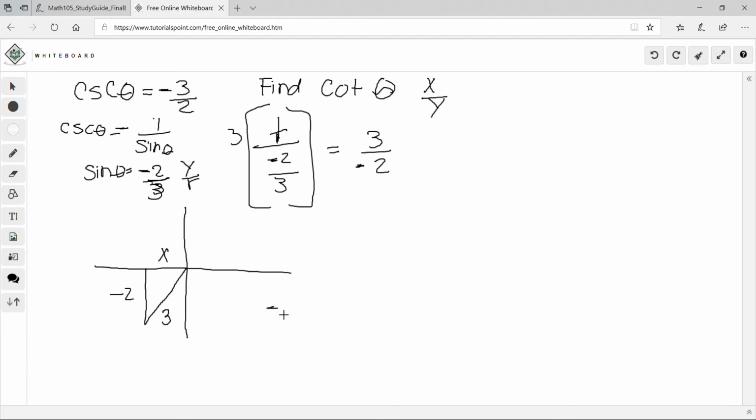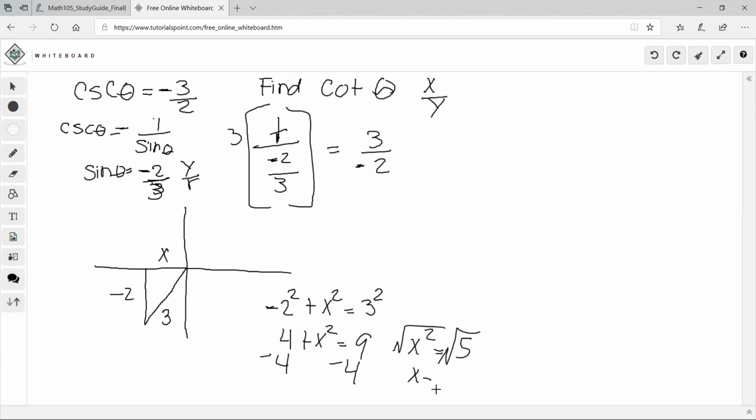So it's -2 squared plus x squared equals 3 squared. So this is 4 plus x squared equals 9. Subtract 4, so x squared equals 9 minus 4, which is 5. Take the square root of that. X equals square root of 5.